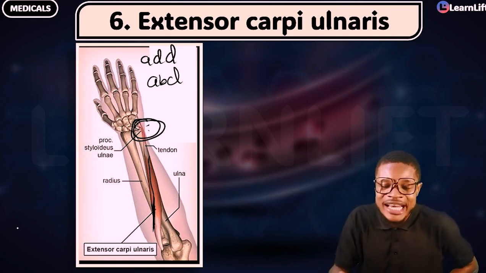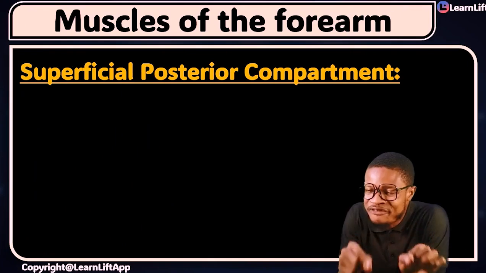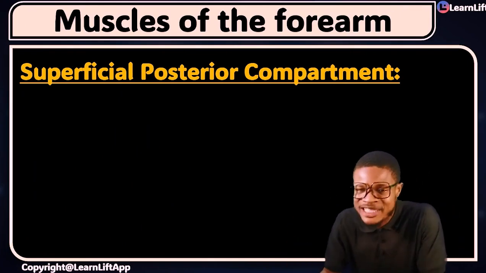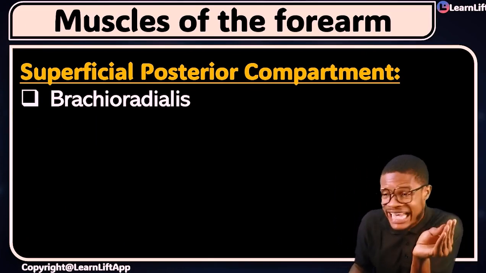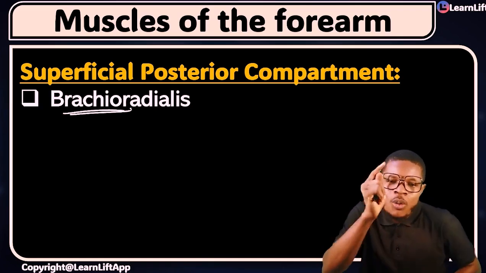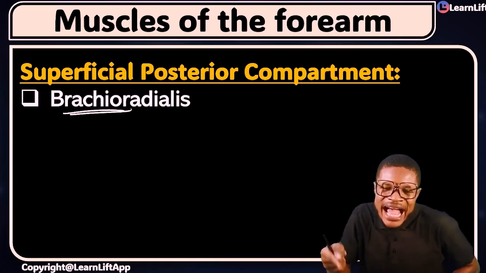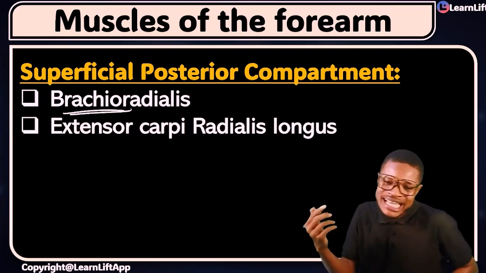If you get this, very quickly, call all the 6 muscles for me in the superficial posterior compartment of the forearm. What are they? Number 1 is your what? Brachioradialis. That's number 1. Simple. What's the second one? Extensor carpi what? Is it ulnaris or radialis? Radialis longus. Then the third is your what?